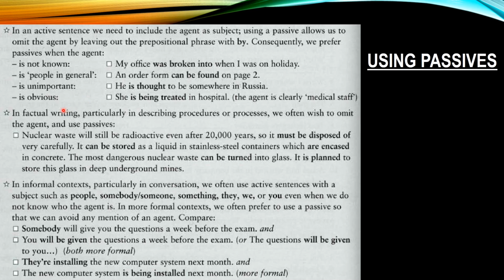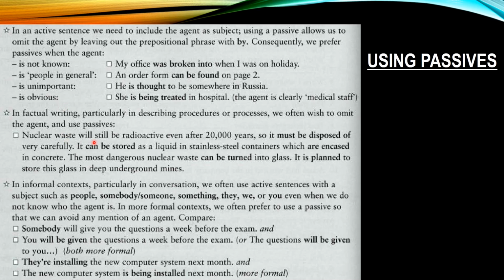When we have factual writing, where we describe some facts, procedures, processes, we sometimes wish to omit the agent as well because it's not necessary. When this happens, we use passives. Look at the example.